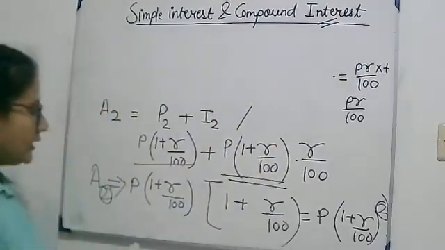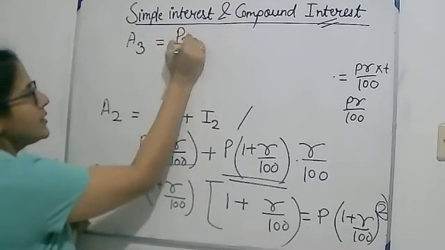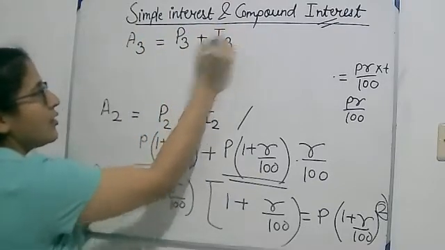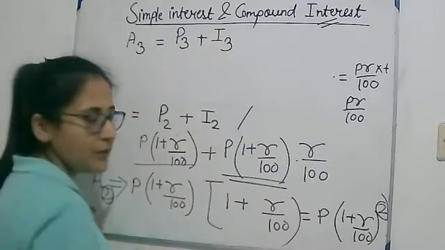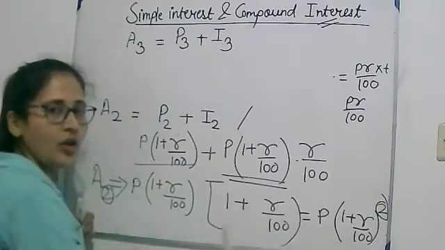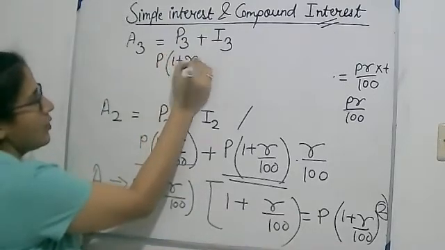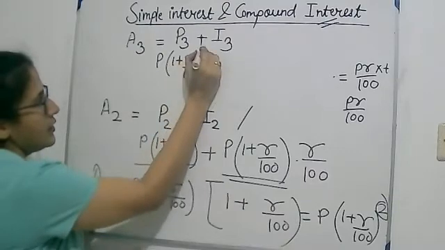So for the third year, principal of the third year. What is the principal of the third year? The amount which we are giving back in the end of the second year. So substitute this value, 1 plus R over 100 square.